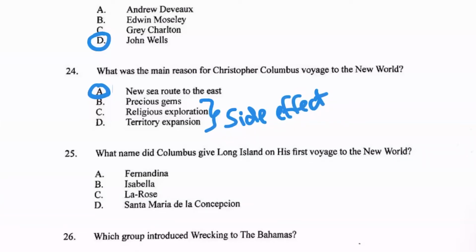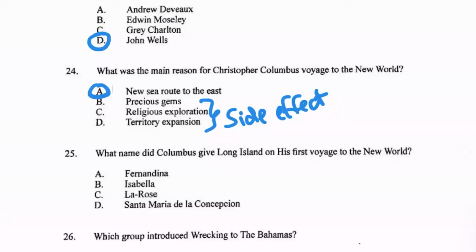In other words, because he took that voyage to the New World, this is what happened as well. They got precious gems. They, well, this says religious exploration, but what they did, they spread their religion and also they expanded the territory. Well, it's not all of the above, you know.